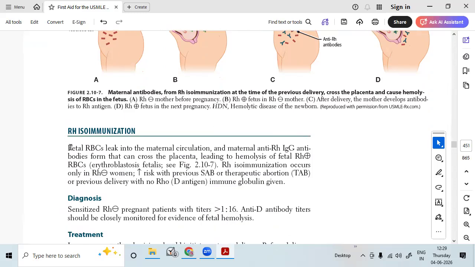In Rh isoimmunization, fetal RBCs leak into the maternal circulation and maternal anti-Rh immunoglobulin G antibodies form that can cross the placenta, leading to hemolysis of fetal Rh positive RBCs, or erythroblastosis fetalis. Rh immunization occurs only in Rh negative women.